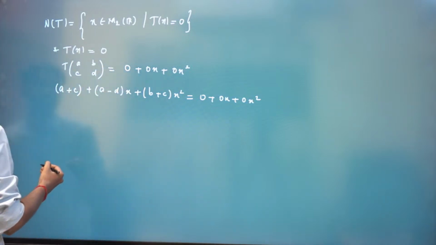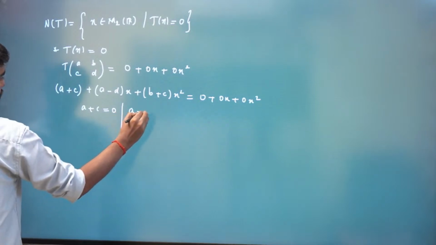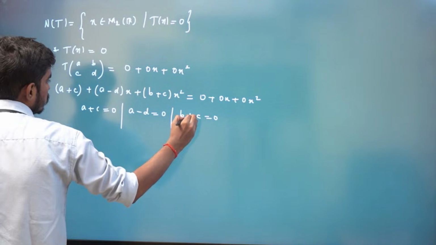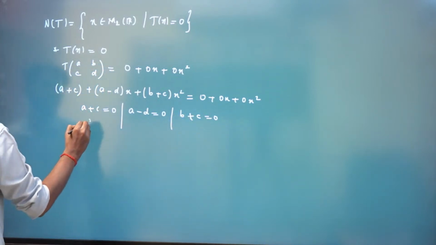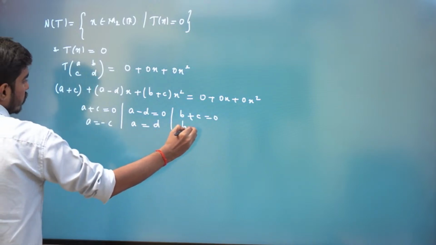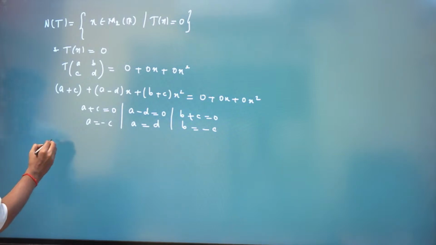Now, we can see a plus c is 0, a minus d is 0, and b plus c is equal to 0. That means a is equal to minus c, a is the same as d, and b is equal to minus c. I can write the basis directly, right?